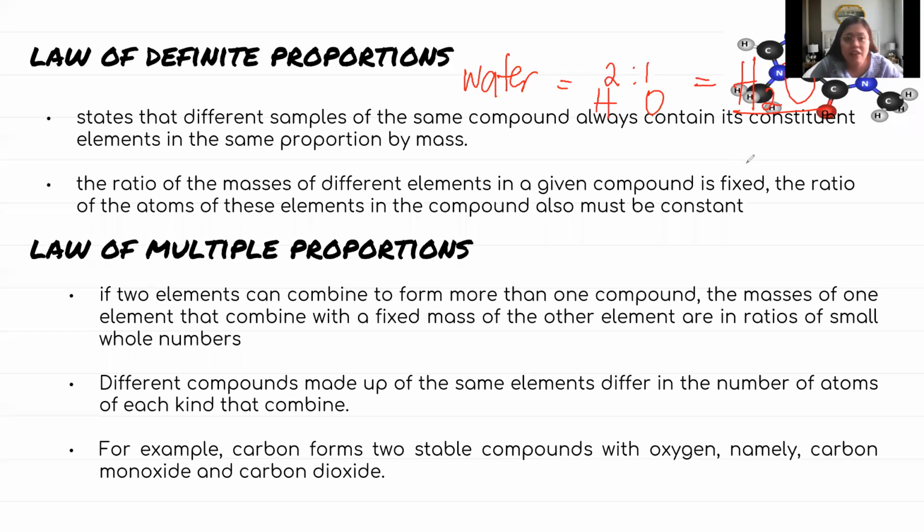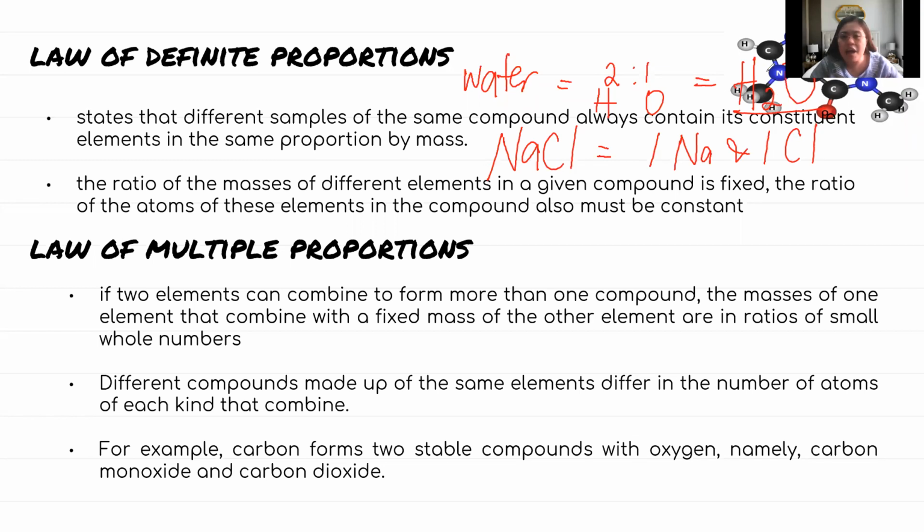The ratio of the atoms of these elements in the compound must also be constant. So it is constant when you say water. Or if you say you want sodium chloride or table salt, it is also fixed, class, you just need 1 sodium and 1 chloride, again, to make a table salt.